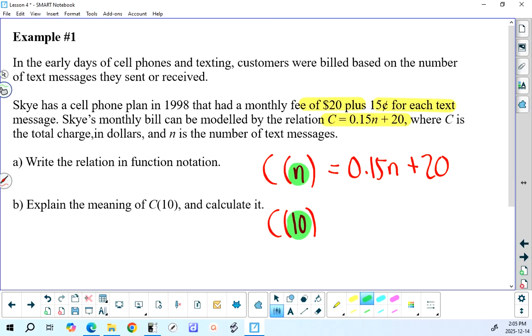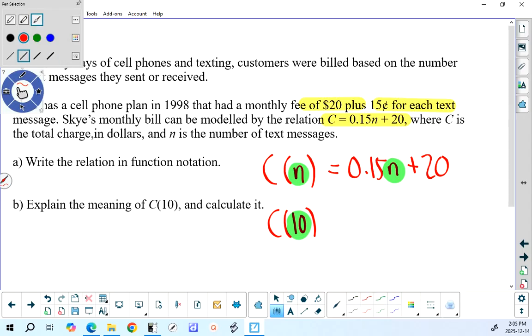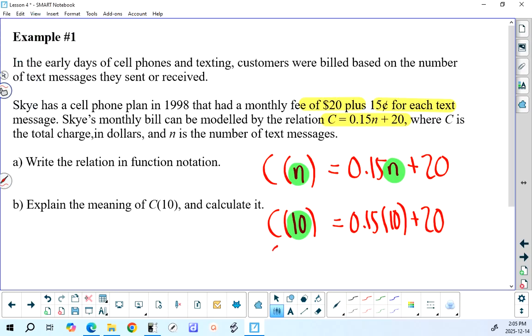And all that means is I need to put a 10 here as well. So C of 10 will be 0.15 times 10 plus 20. You guys can grab your calculators and work out what that is. It's going to be $21.50.